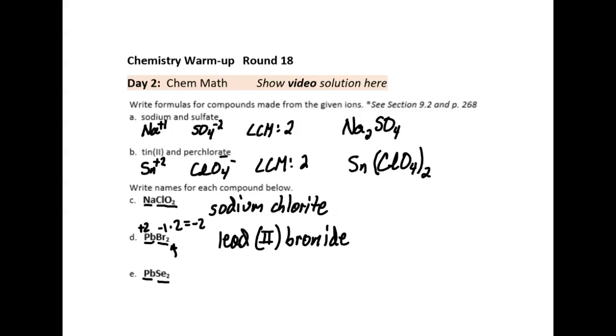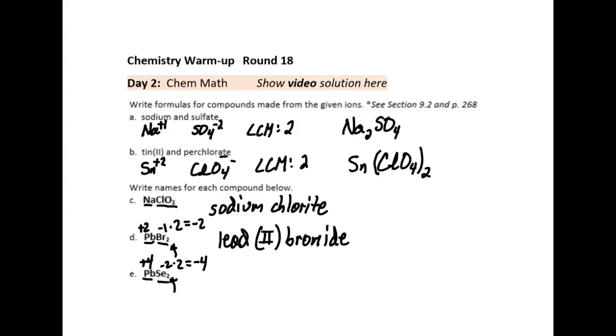A single ion of selenide has a -2 charge, but the subscript says there are 2 of those, which is a -4 charge total. Compounds are neutral, so there has to be a +4 charge to balance that -4. There is only one Pb ion, so it must be a +4.